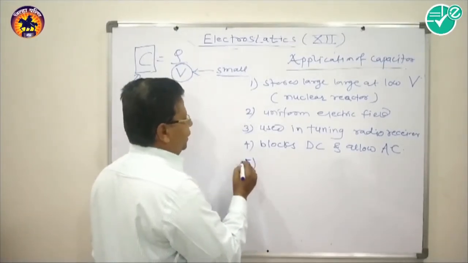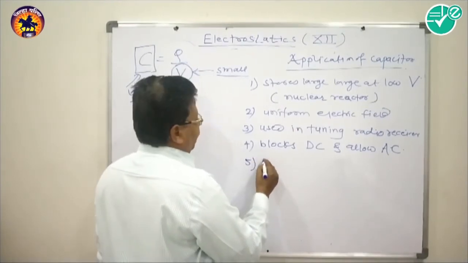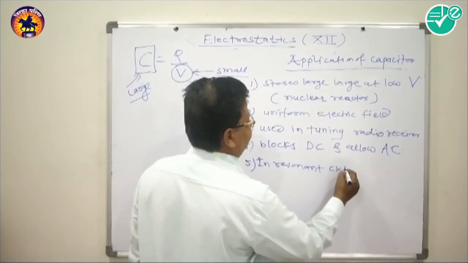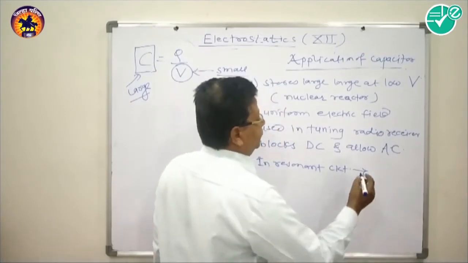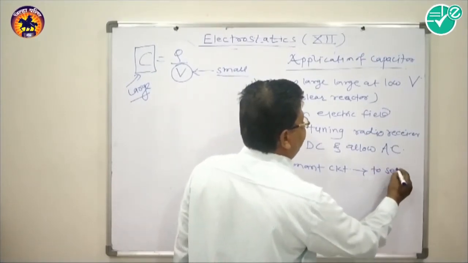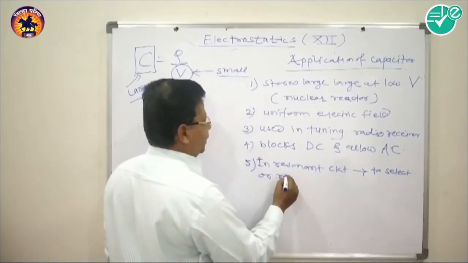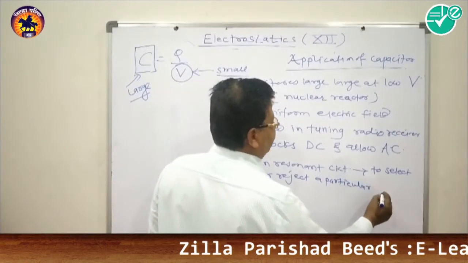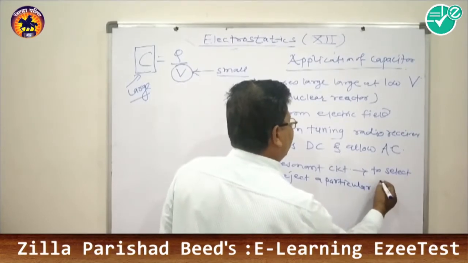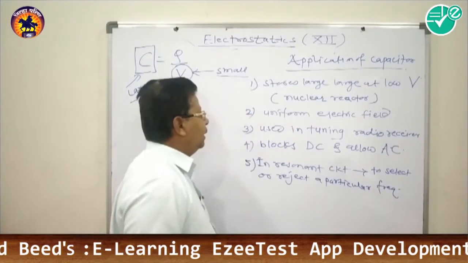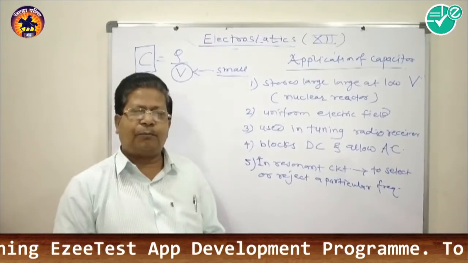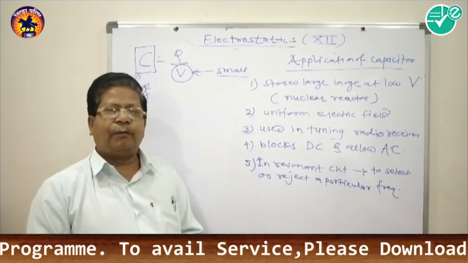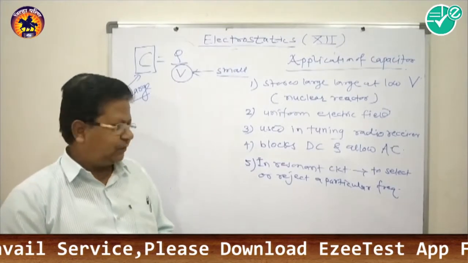Again, the capacitor is used in resonant circuits, and in resonant circuits these capacitors are used to select or reject a particular frequency, in series resonant circuits or parallel resonant circuits. This topic you will study in the chapter on electromagnetic induction or AC circuits.